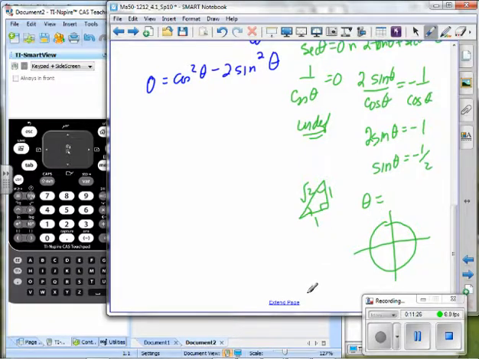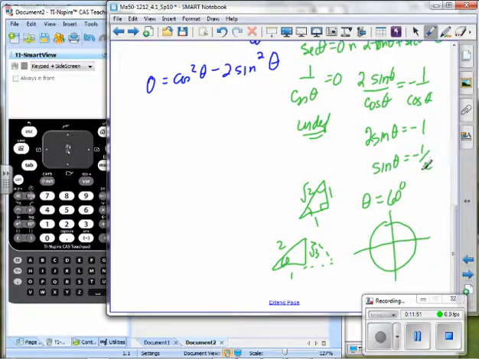I don't think that's 1/2. So let's try 30, 60, 90. If this is my 60, this is 1. That must make this 2. Square root 3 with the sine of a 60 equal 1/2. Yes? Okay. So that would be 60 degrees if you want to go into degrees here.